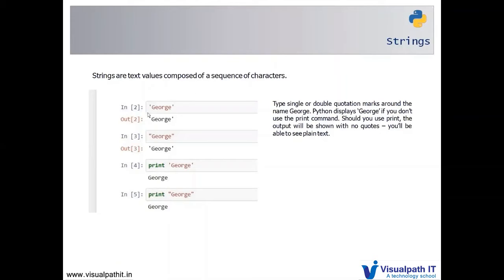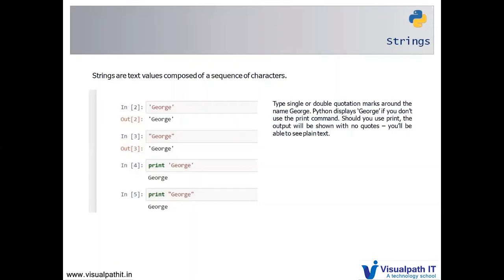In this example, George is in single quotes, and when you press shift enter, it displays George in single quotes. At the same time, you can use a print command to display George, and in this case it will give an output without the single quotes.